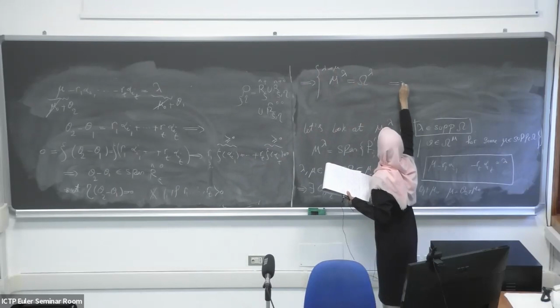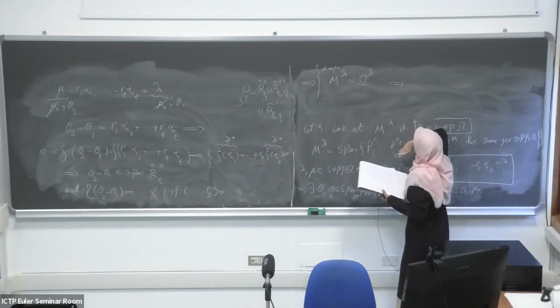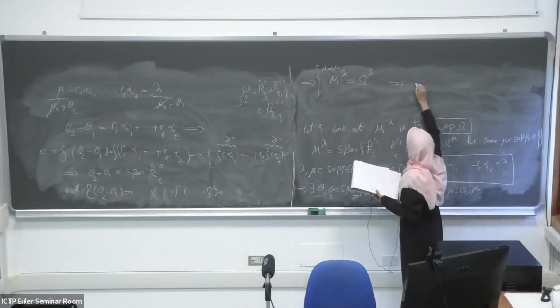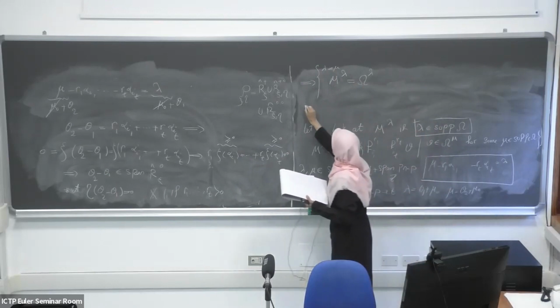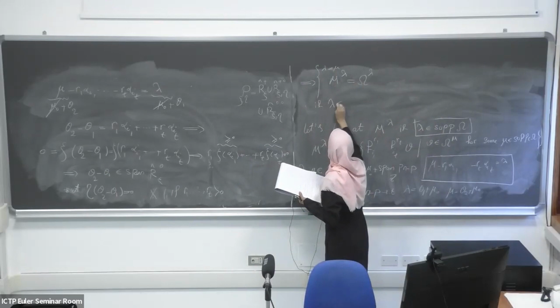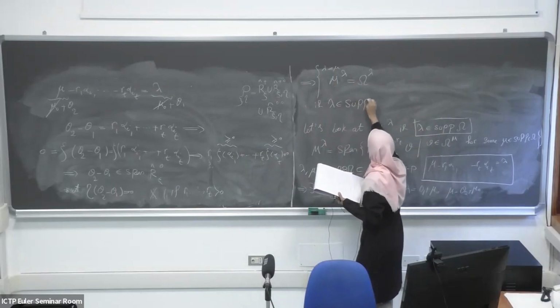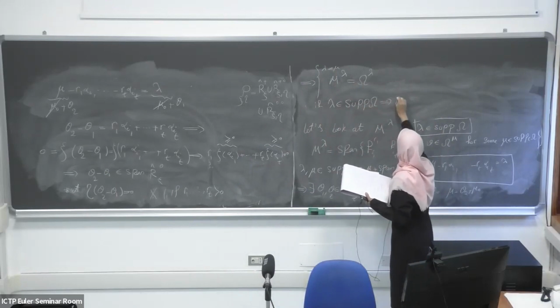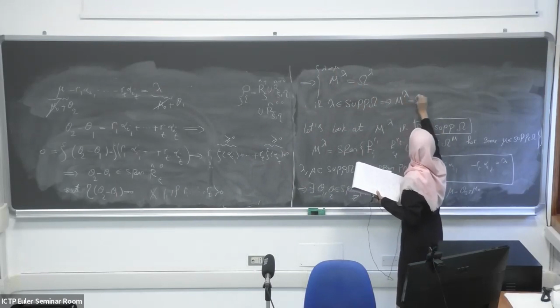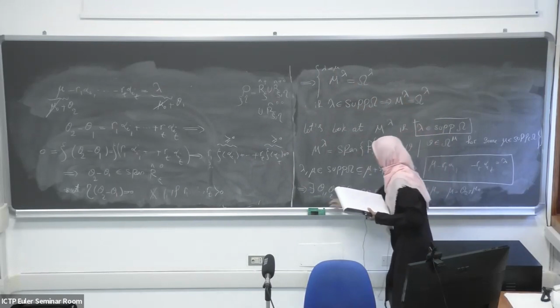In fact, if lambda is an element of support omega, we get that m lambda is exactly omega lambda.